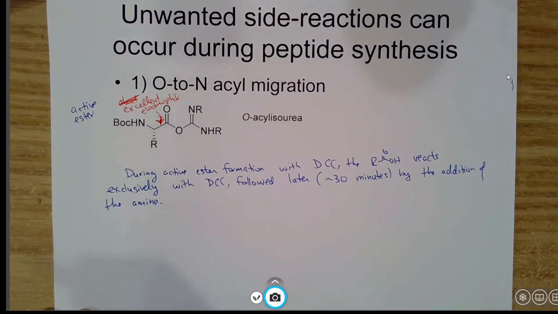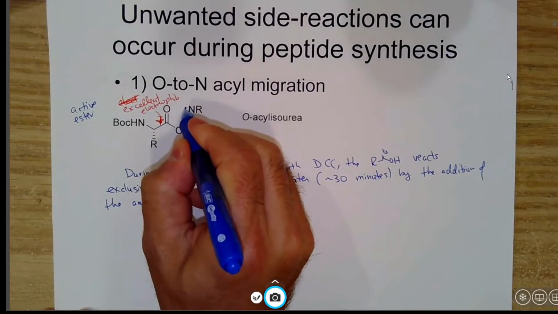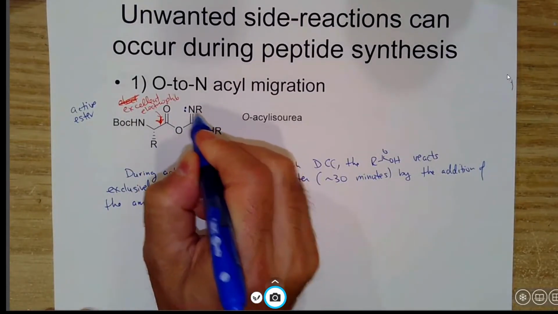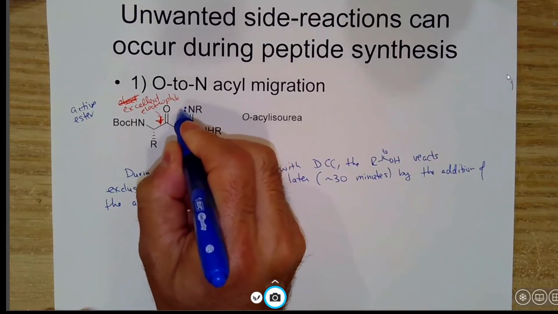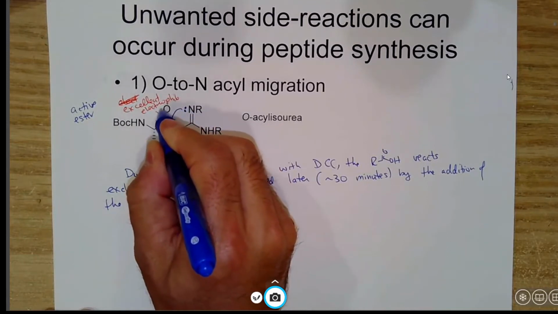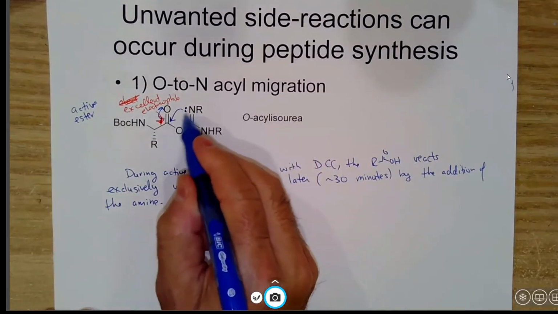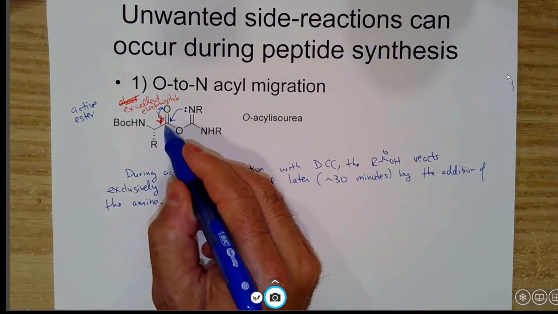So the reason is that if we wait too long, one of the consequences is that you have these nitrogen electrons here. And what could happen is that this thing gets a little bit impatient because it's such a good electrophile. So you could actually start getting intramolecular attack from the nitrogen from the carbodiimide onto that electrophile.